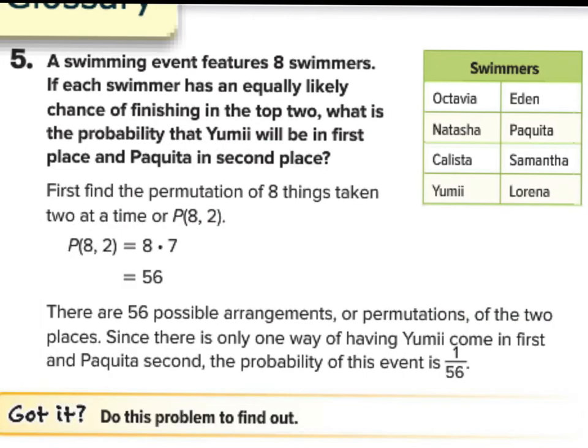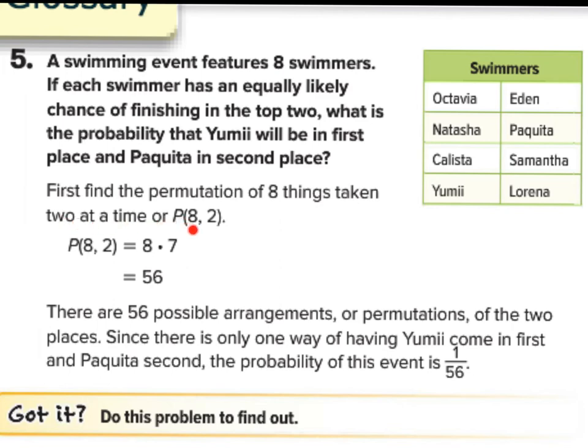Example 5. A swimming event features 8 swimmers. 1, 2, 3, 4, 5, 6, 7, 8. If each swimmer has an equally likely chance of finishing in the top 2, what is the probability that Yumi will be in first place and Paquita will be in second place? First find the permutation of 8 things taken 2 at a time.